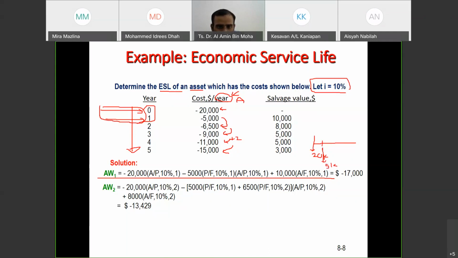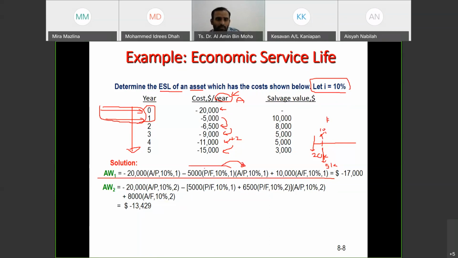And if you sell at year 1 as well, it's going to be 10,000. So this is going to be a future value. The 5,000 is also considered as a future value, and then we want to get the present value, and once you get this, you convert it to A. I hope you understand this.